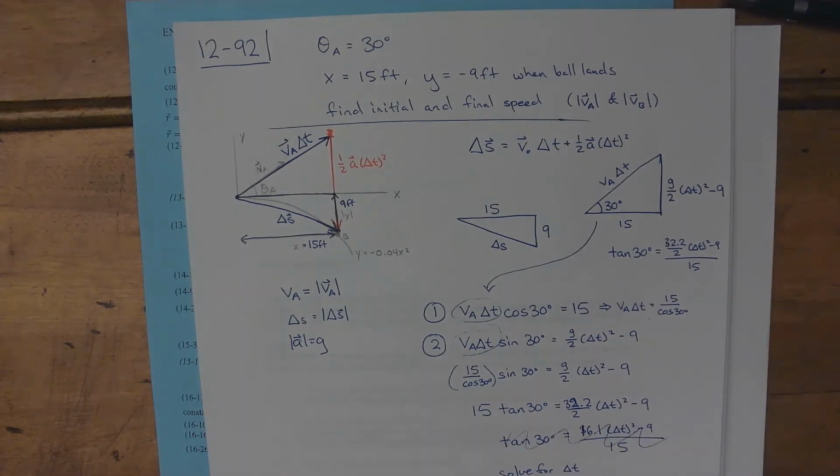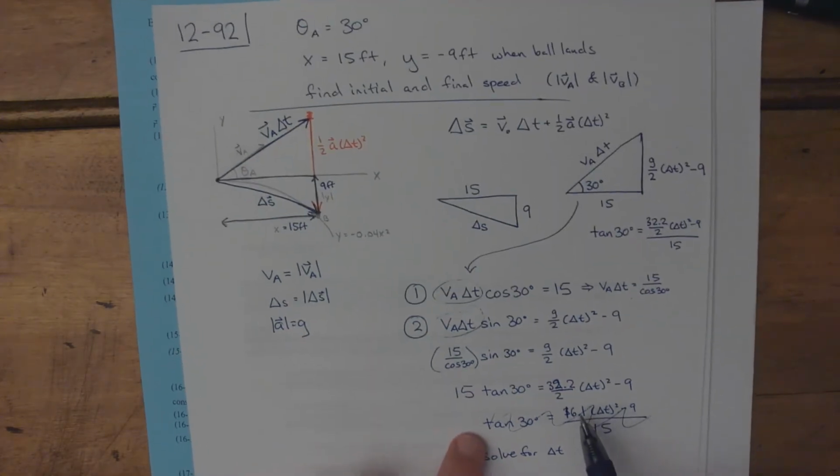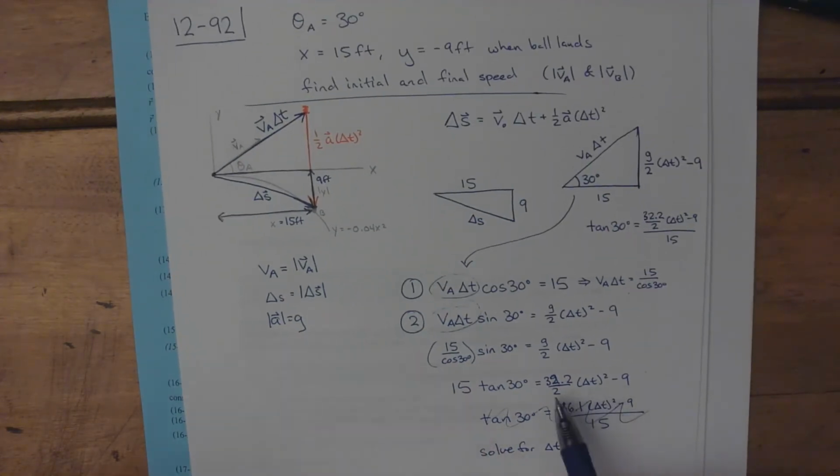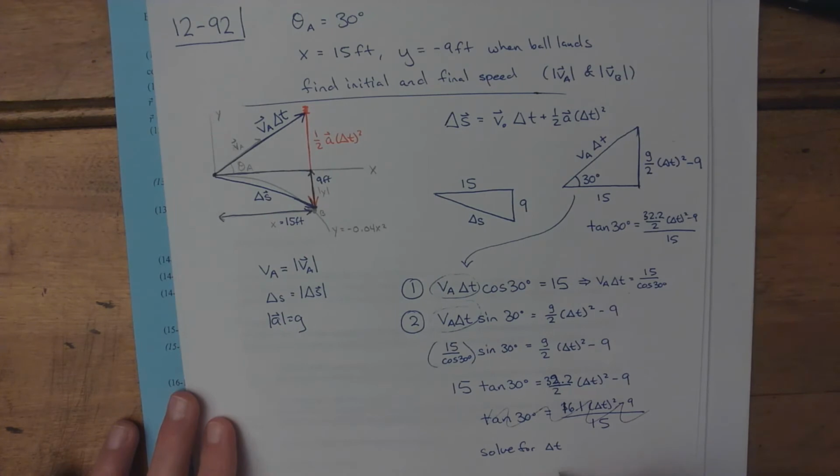So we didn't really need to do that. Okay, so add 9 to both sides, and you get 15 times tangent of 30 degrees plus 9, and then divide both sides by 16.1, and that gives you delta t squared.